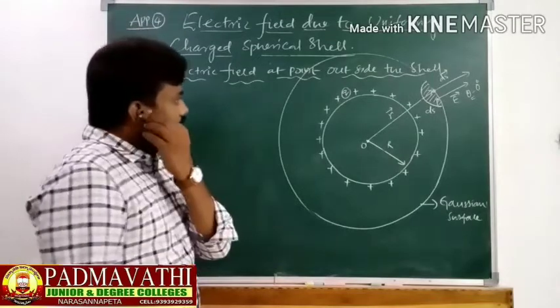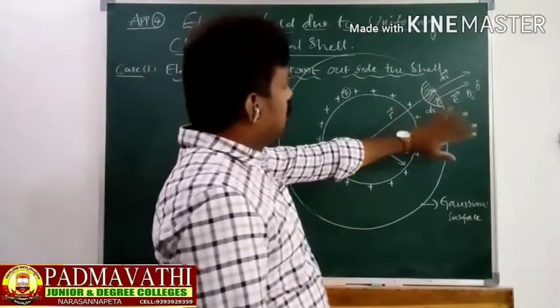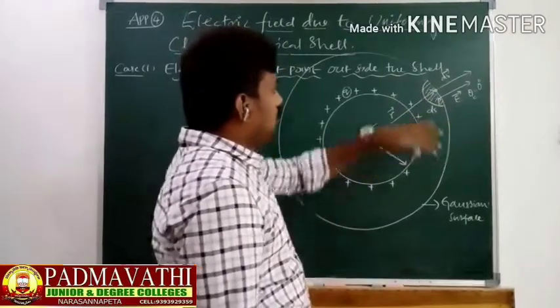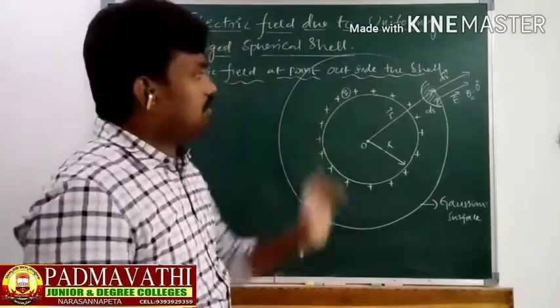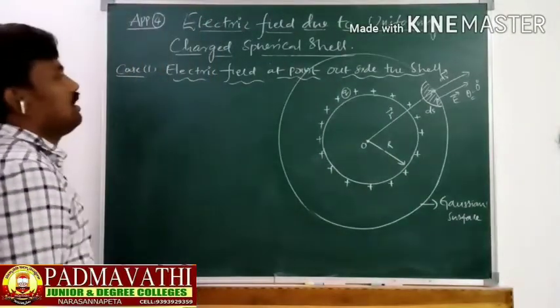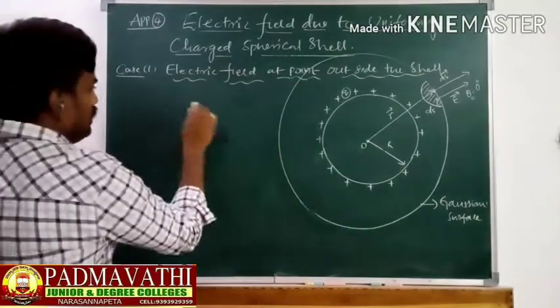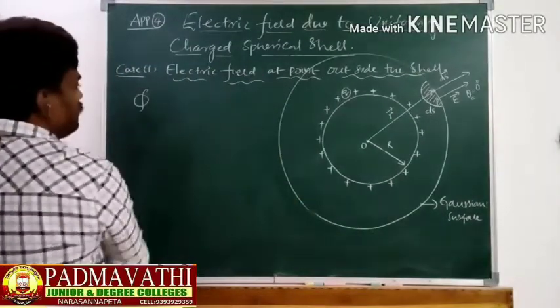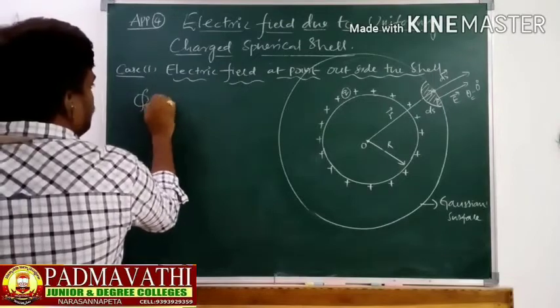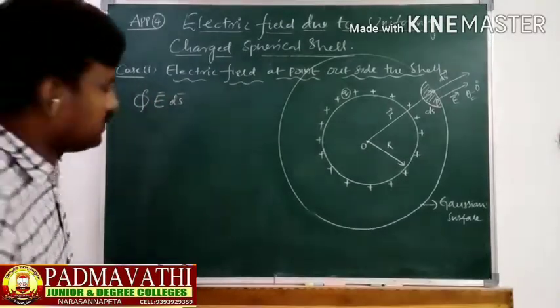So finally we have to find the electric field at point P due to this shell with the help of Gauss law. So what is Gauss law? How are we going to write this? Let us see. Integral over a closed surface E bar dot ds bar. This is Gauss law.